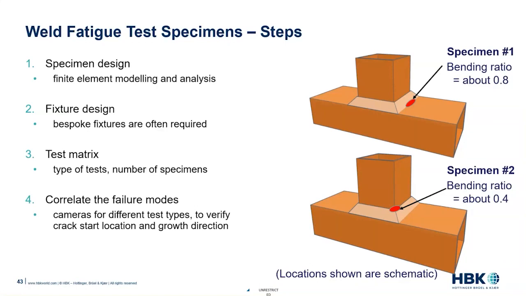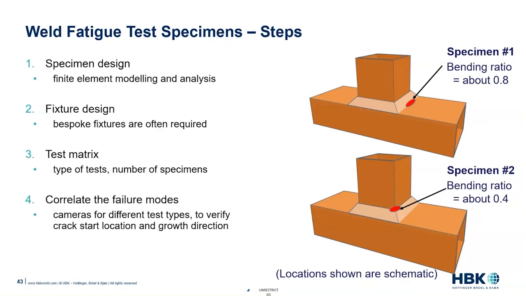Particularly in the first few tests that are run and developed with a new test specimen geometry, we have to actually verify the crack start location and the crack growth direction.